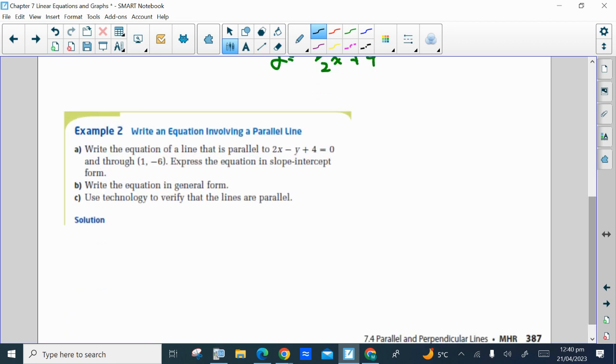Example 2 says, write an equation involving a parallel line. We want to write the equation of a line that's parallel to 2x minus y plus 4 equals 0, and also passes through the point 1, negative 6.